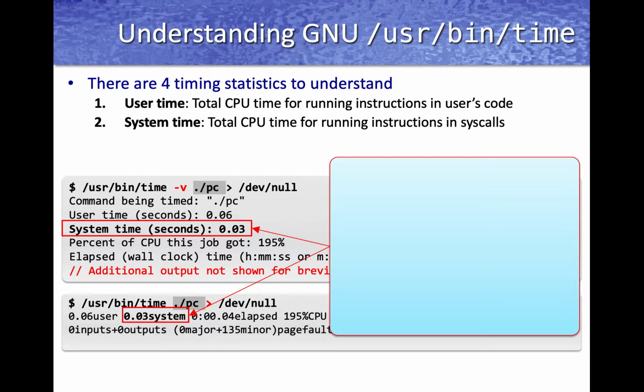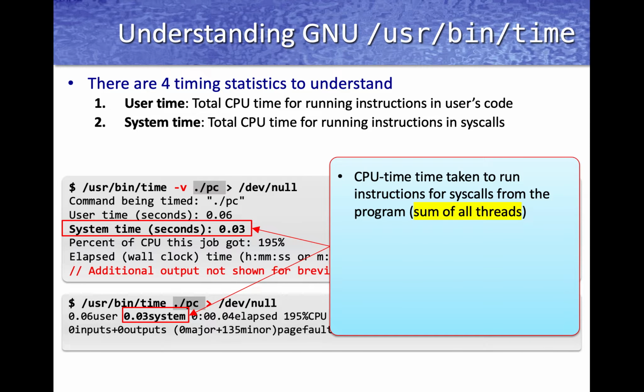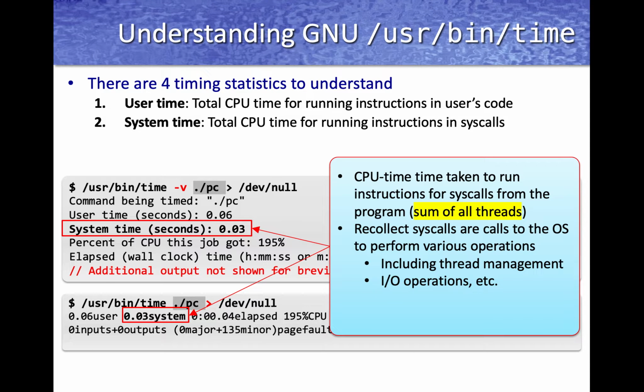The next data point to look at is the system time. This is the CPU time that was taken to run instructions for syscalls made by the program. Keep in mind that syscalls are calls to the operating system that are used to perform various operations. This includes creating or starting and stopping threads.